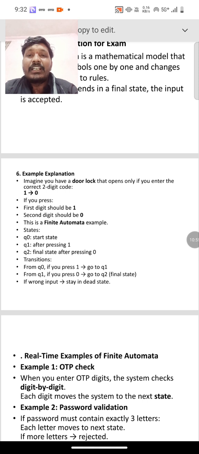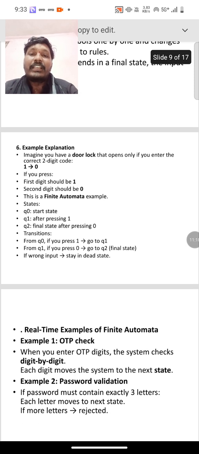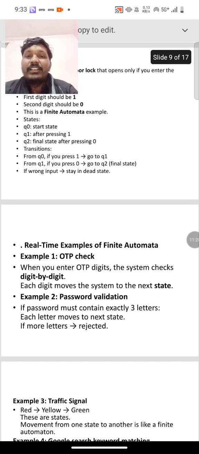Here q0 is the starting state. If it reads 1, it moves from q0 to q1, and then we can give 0. It moves from q1 to q2, that is the final state. The lock is open. Otherwise, it is going to the dead state or non-final state.